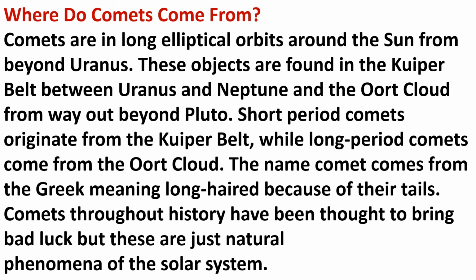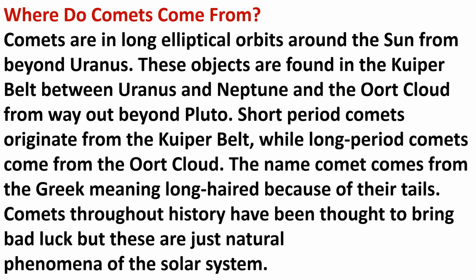Now, where do comets come from? Comets are in long elliptical orbits around the Sun from beyond Uranus. These objects are found in the Kuiper belt between Uranus and Neptune, and in the Oort cloud, way out beyond Pluto. Short-period comets originate from the Kuiper belt, while long-period comets come from the Oort cloud.